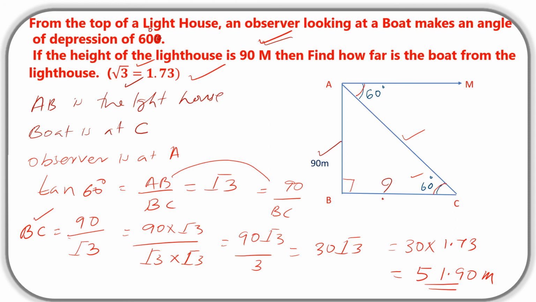The angle bisector divides the opposite side and the rest of the sides proportionally. So we took the proportion of these two sides, BC and AB. We also applied the concept of trigonometry we studied in class 9.